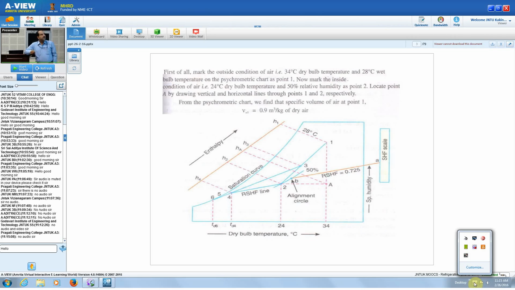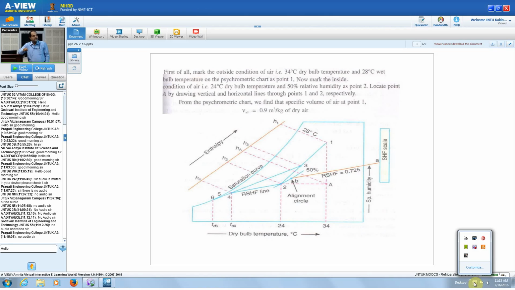And from point 2, the next point is the third point. Otherwise, you can note how to locate the point. You have the procedure. First mark point 1, then the second point, point 2, with the help of the data given. Then extend the point 2 line horizontally towards the DBT line.